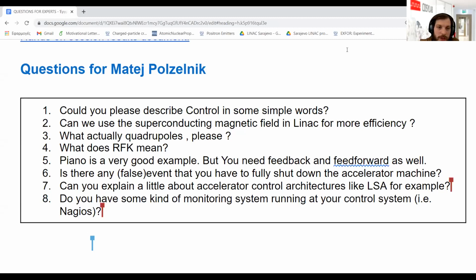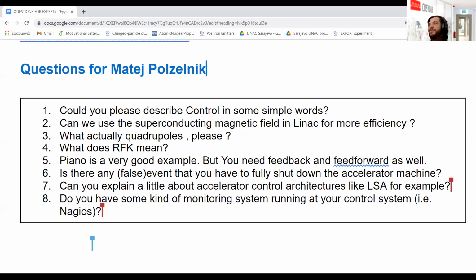What actually are quadrupoles? Quadrupoles are magnets that have four poles.